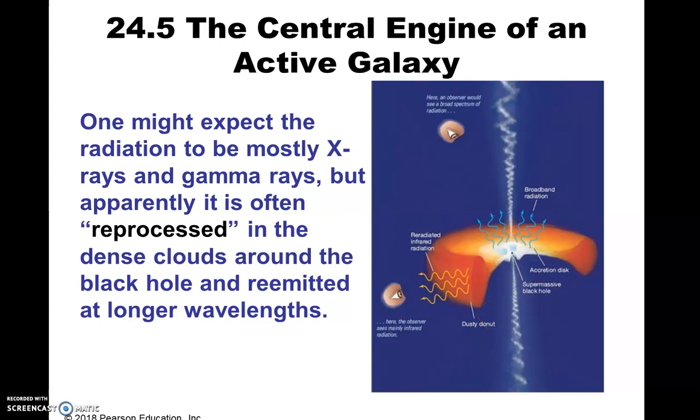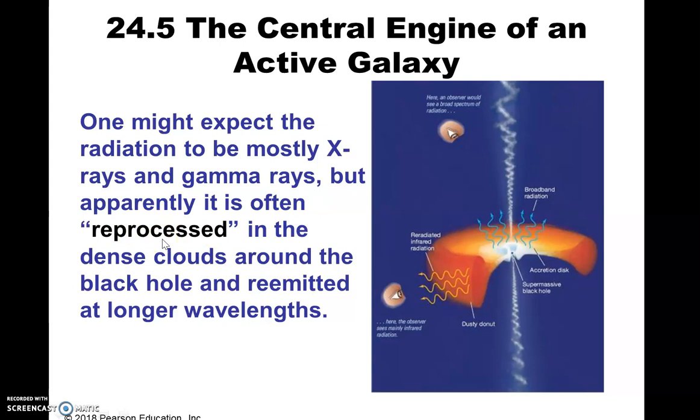It's just like star material basically, with hydrogen and helium and maybe some other stuff. When that happens, the X-rays and gamma rays get absorbed and then re-emitted, which is sometimes called being reprocessed.